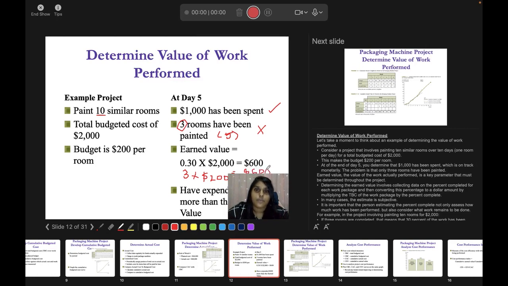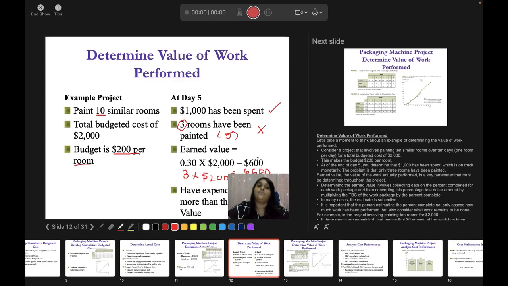If you want to use the whole budget, that means you divide by your rooms. You divide it by 10 because you have 10 rooms. 3 over 10 times 2000, you will get $600, or you can do it per room, which is $200 times 3. You will get the same amount.